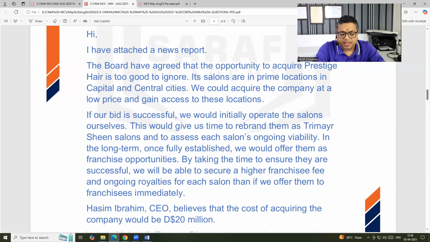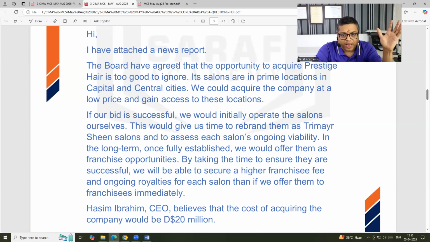A newspaper article says there was some fraud in taxation. Their directors and management are already jailed, imprisoned for 10 years. For that reason, they want to sell the business, because who will manage? It is mostly a franchisee model.